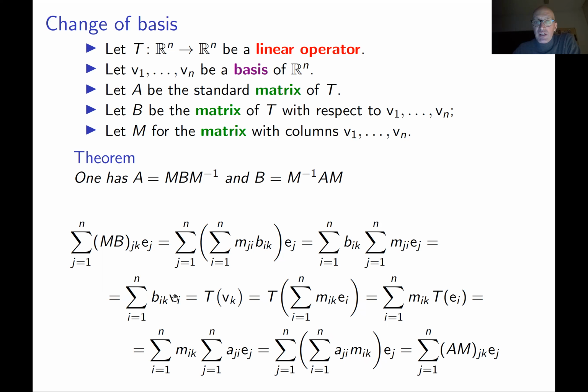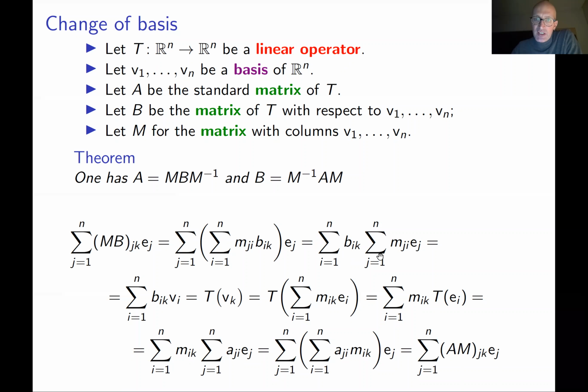So every vector v1, v2, ..., vn can be decomposed as a linear combination of standard vectors e1, e2, up to en. It's just the coordinates of vector v1. So m_ji are the entries of matrix M, because matrix M is a matrix with columns v1, ..., vn.